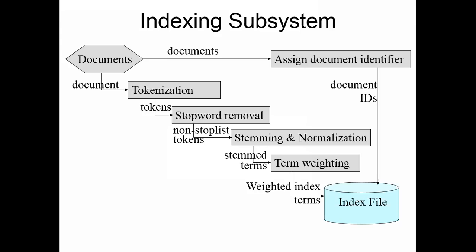We are weighting terms or words from different perspectives. For that, we have term frequency, document frequency, and collection frequency. Term frequency is trying to calculate the frequency of the term or word in a given document: how many times a given word appears in a given document.